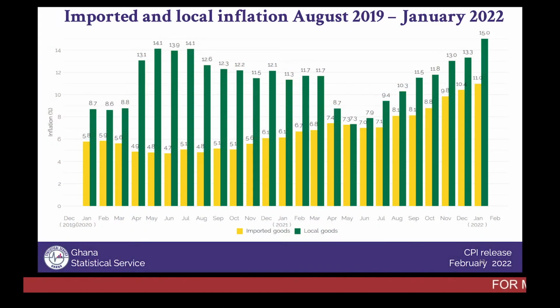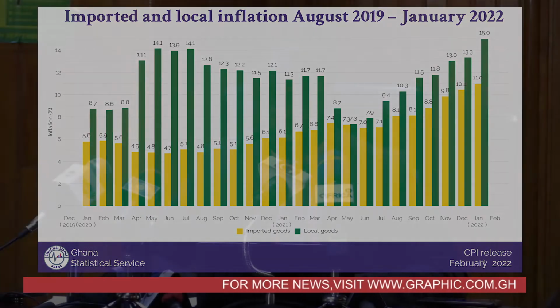From a locally produced item and an imported item perspective, locally produced items for the month of January 2022 stood at 15.0% relative to 11.0% recorded for imported items, indicating a 4 percentage point difference.